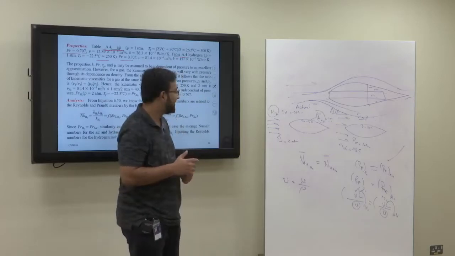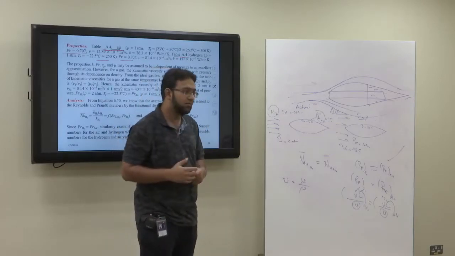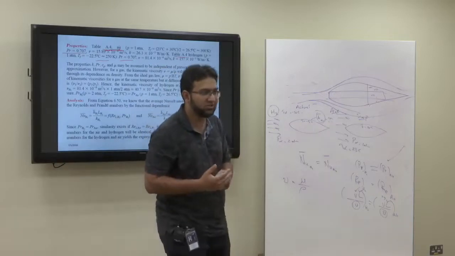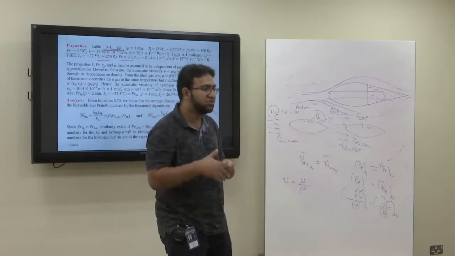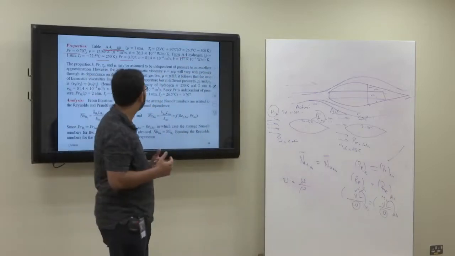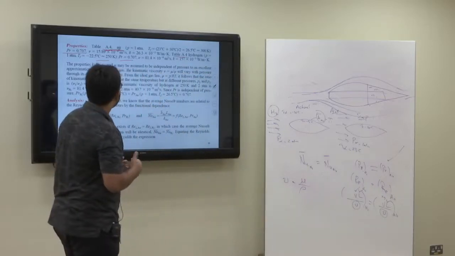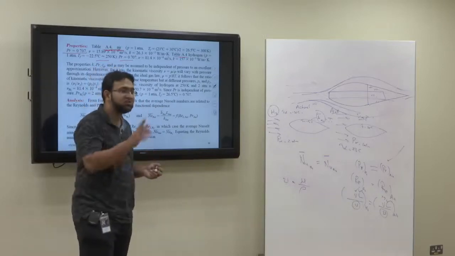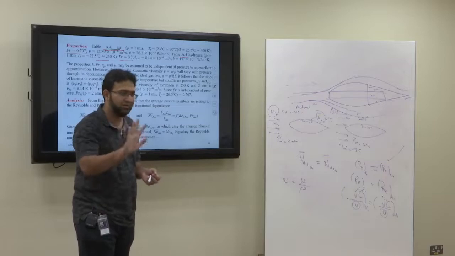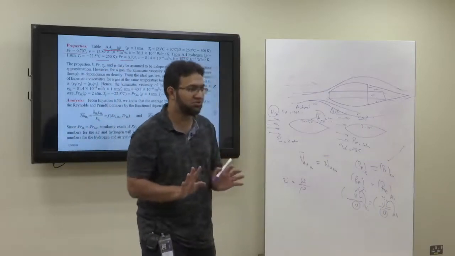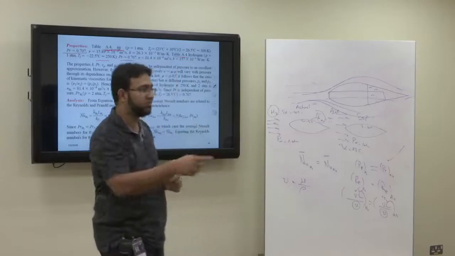For example, thermal conductivity. If you change the pressure, thermal conductivity will not change. Cp, the specific heat, will not change either. The Prandtl number changes with temperature, but does not depend on pressure. So if you change the pressure, the Prandtl number will not change. If you change temperature, the Prandtl number will change.